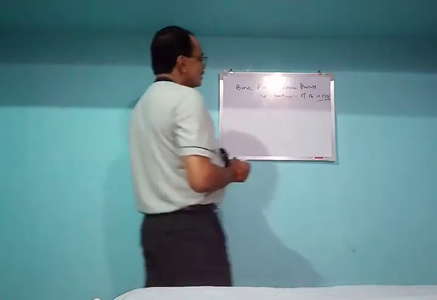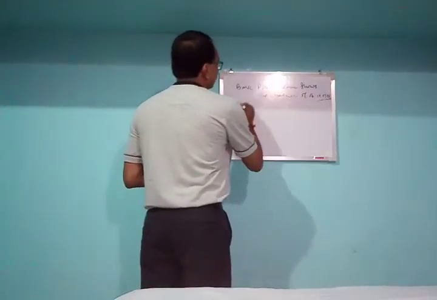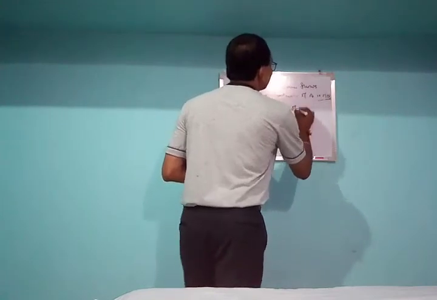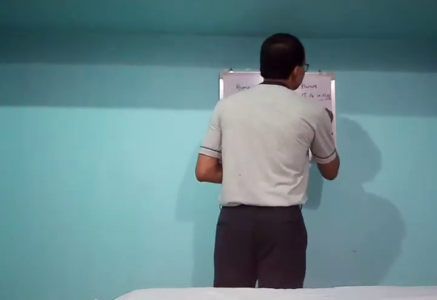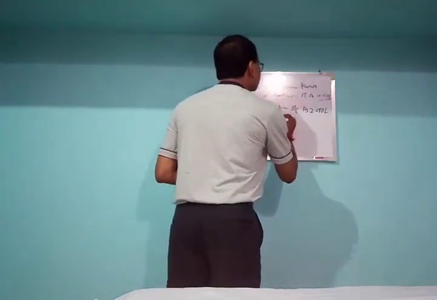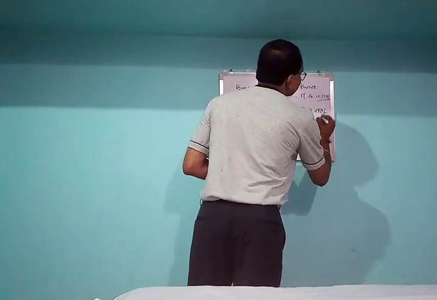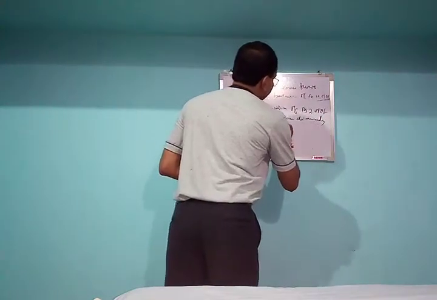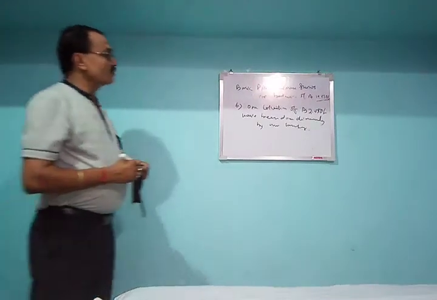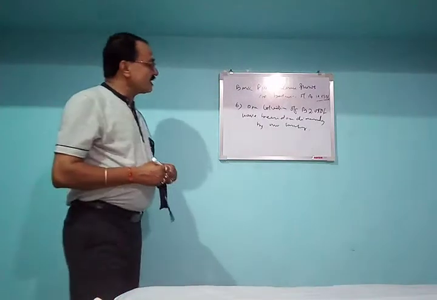Apart from that, suppose one collection of rupees 2,000 has been done directly by our banker. This is a collection we were to get from our debtors, which has been collected by the bankers directly.